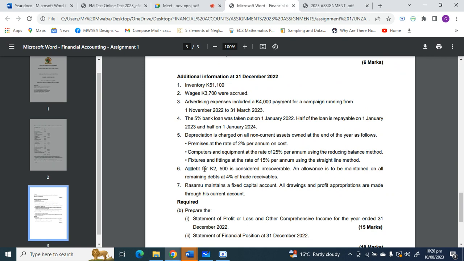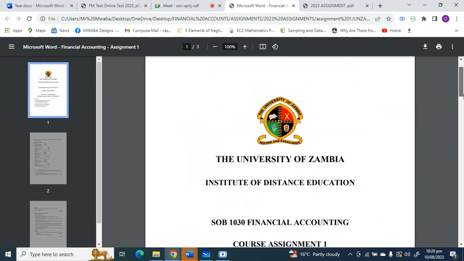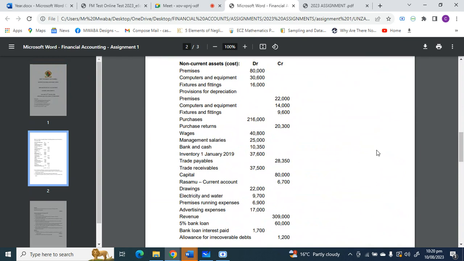A debt of 2,500 is considered irrecoverable, meaning we are not getting this money back. So, if you want, in the balance sheet, you can show the deduction. You deduct this from trade receivables, right? But for us, I deducted it earlier, as you will see in the workings. All right. The amount for trade receivables is how much? 37,500.